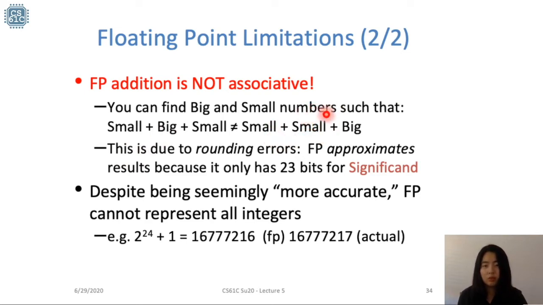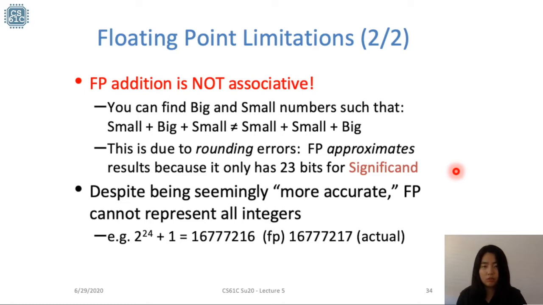That's why when you do equality tests with operations involving floating point, it's very likely that you will get the wrong result. Even a simple arithmetic operation like 0.1 plus 0.1 plus 0.1 is not going to equal 0.3 because of these rounding errors.